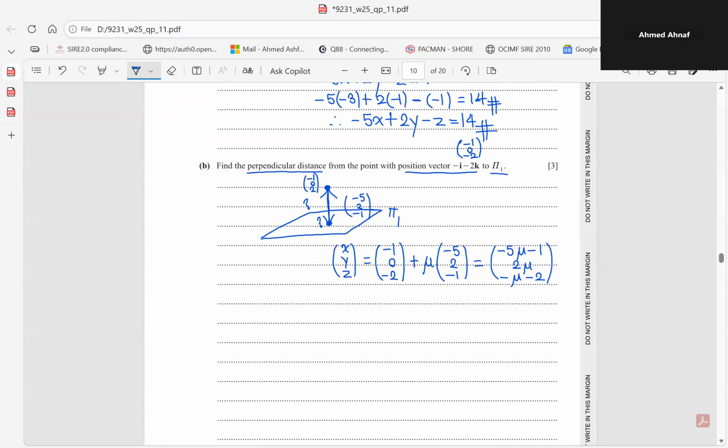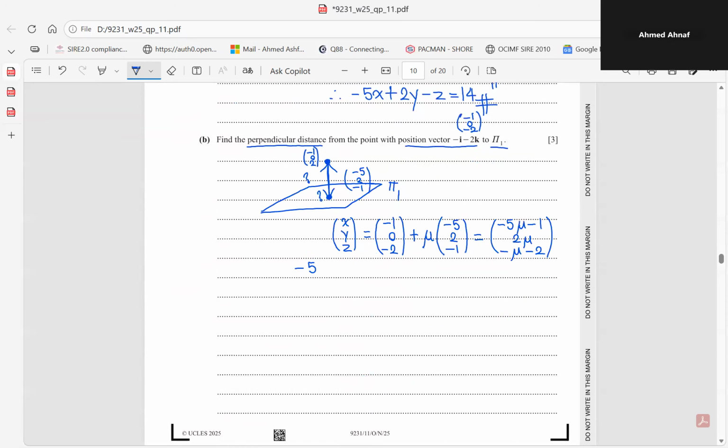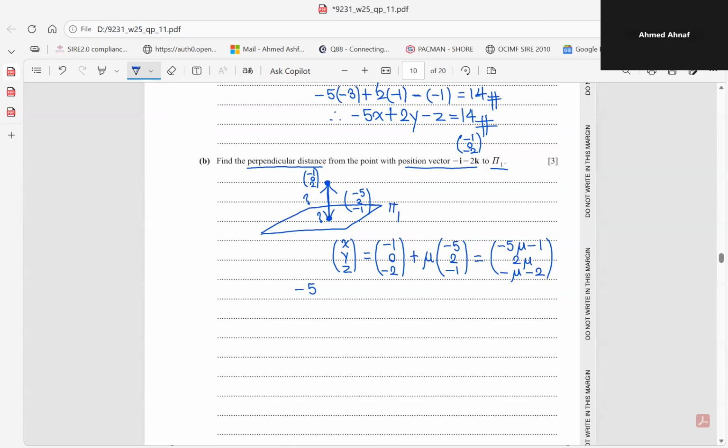Yeah, now we need to substitute these into our equation for the plane, because it's also on the plane. So -5 times (-5 mu -1) plus 2 times 2 mu minus z. So minus (minus mu minus 2) equals to 14.